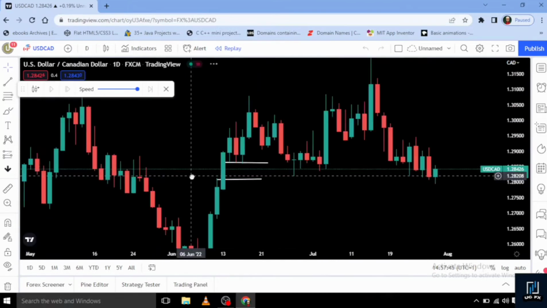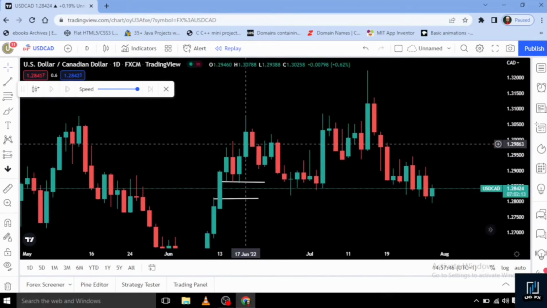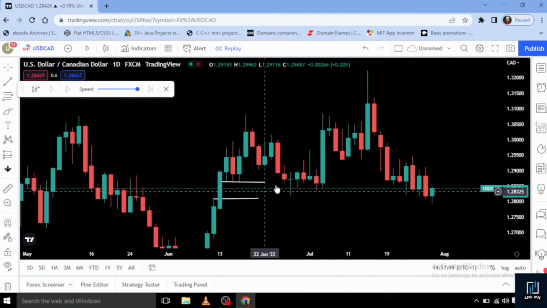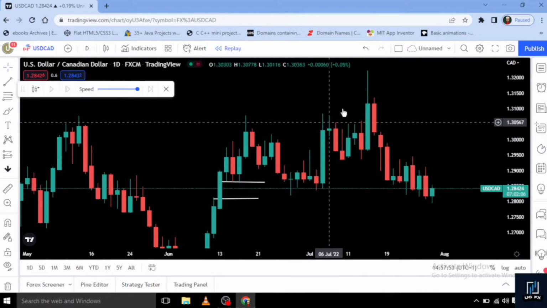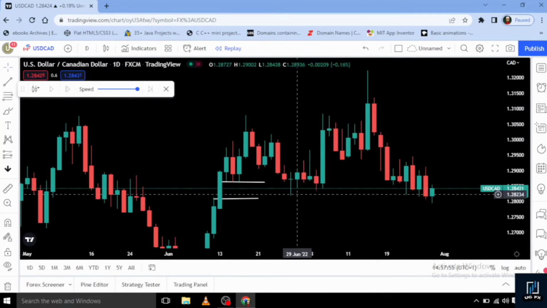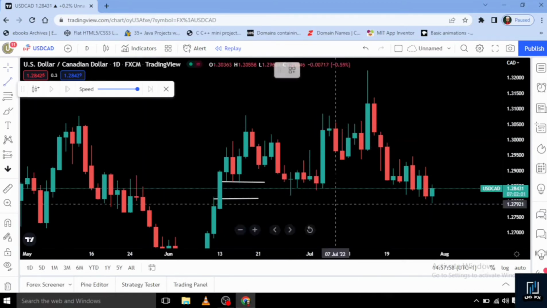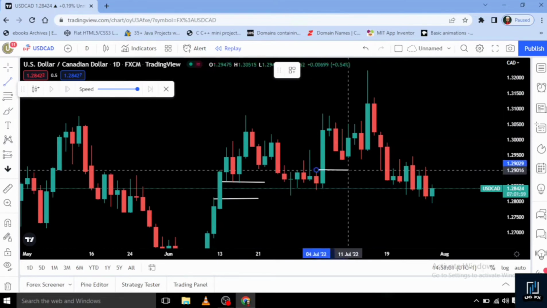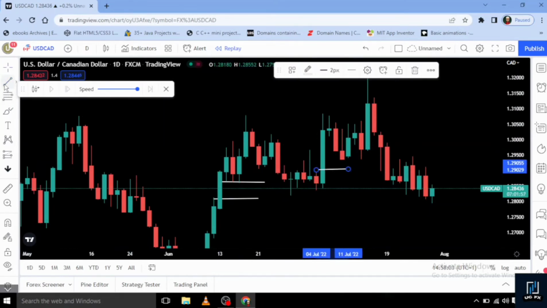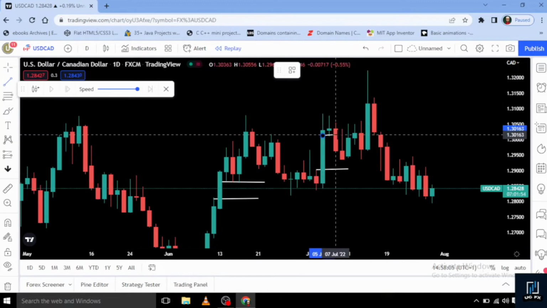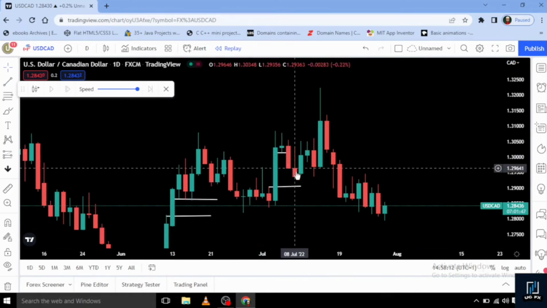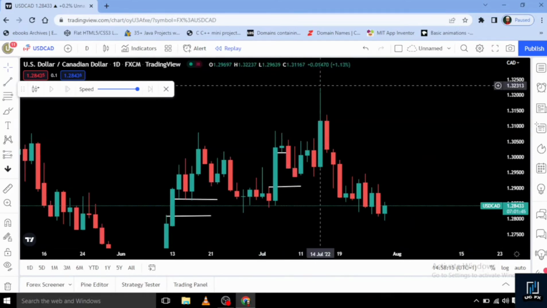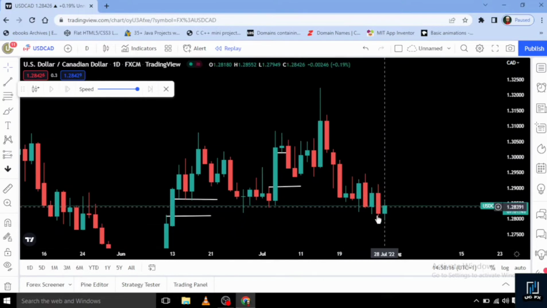As you can see, they came back straight into this area, tapped nicely into this inefficiency, giving us another bullish movement. As you can see as well, we had another inefficiency right inside this area. As you can see, price tapped into this inefficiency, went up higher before taking this bearish movement.